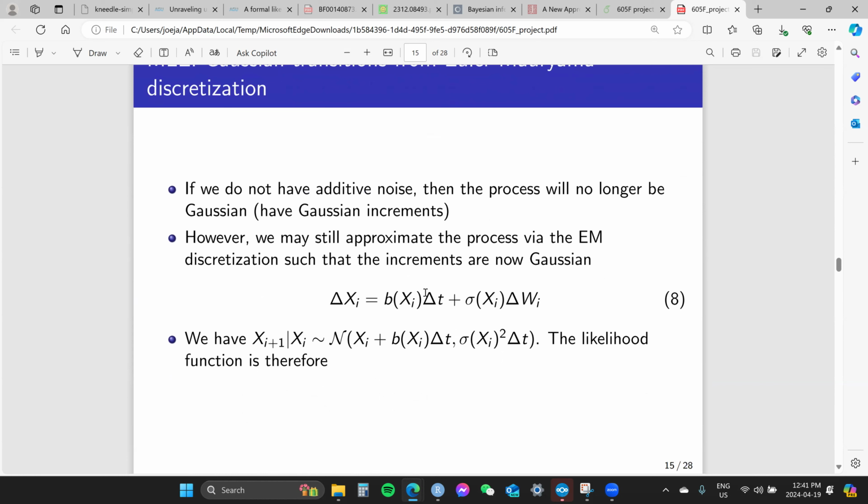And we're basically just doing that with equation 8 here. So we're assuming that these increments are Gaussian given the past. So xi plus 1 given xi is normal with mean set as the drift term, and the covariance matrix is given by sigma squared of dt.